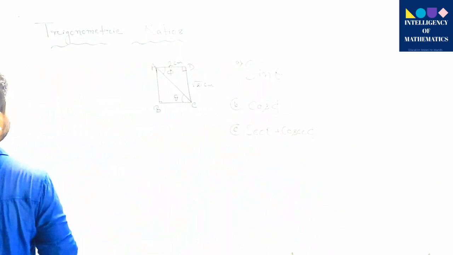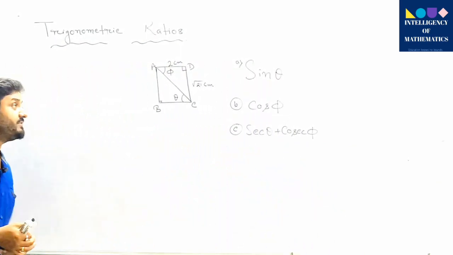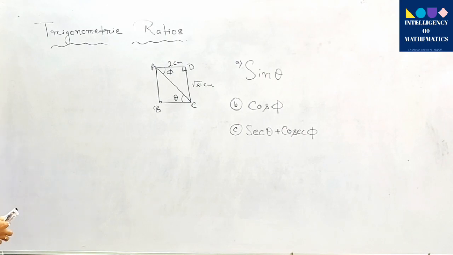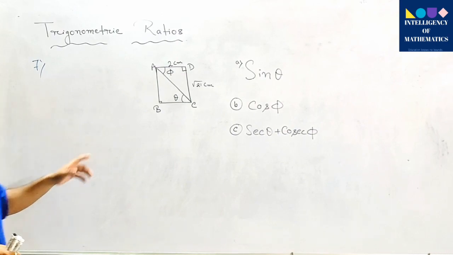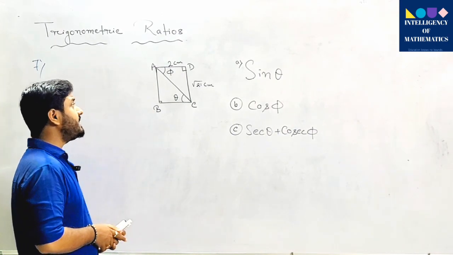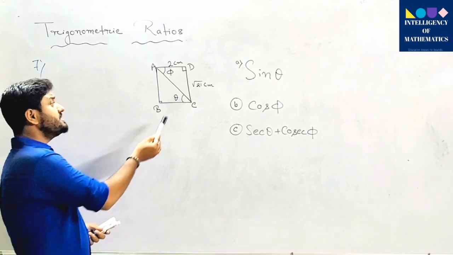So this is the sum from the BHARATIBHABAN book, and this is sum number 7. In the last two videos we have already explained how to use Pythagoras, what the Pythagoras theorem is, and we have explained a few sums also. Now in this video we will start from sum number 7. A figure is given and there are two angles given.